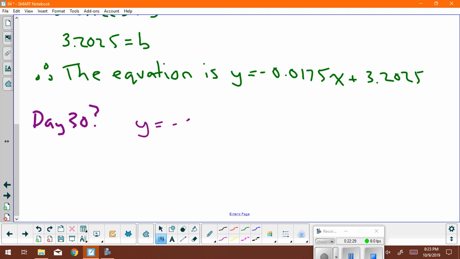So now I could just plug it in. y equals negative 0.0175 times 30 plus 3.2025.